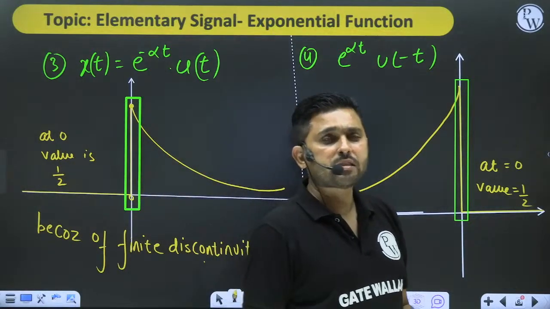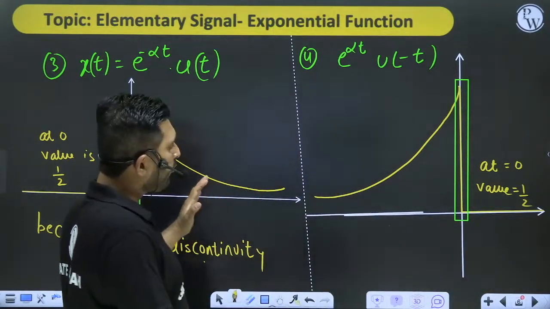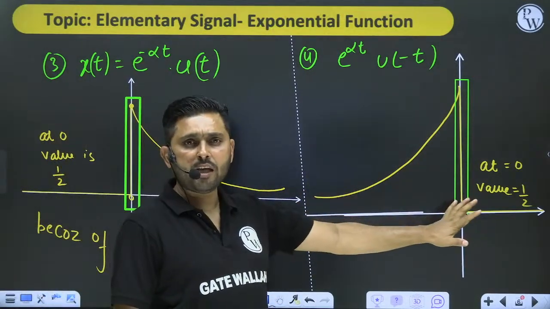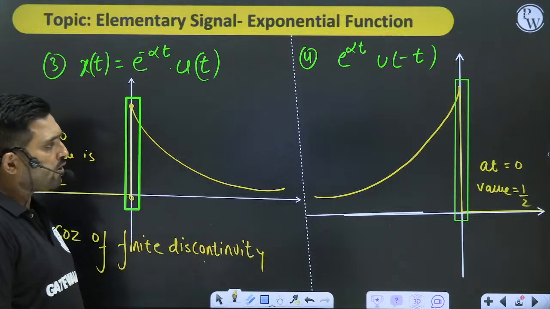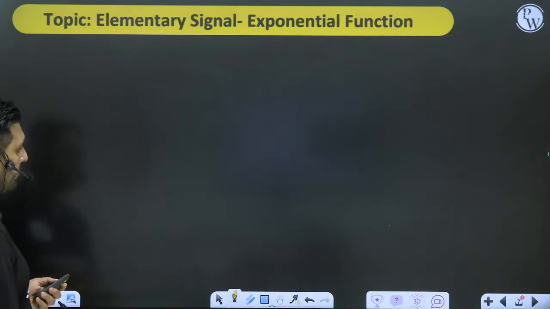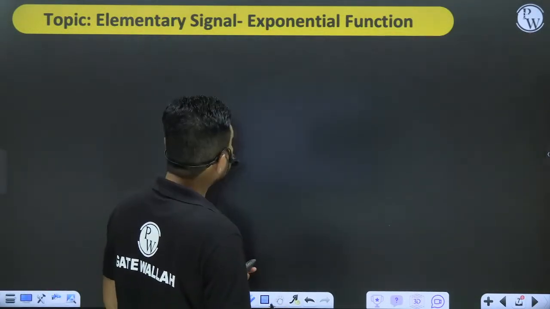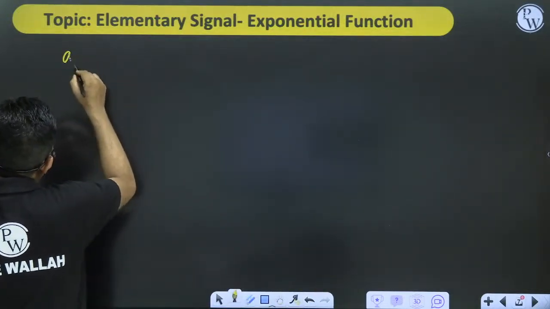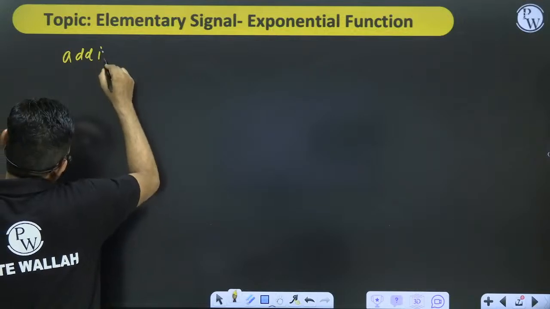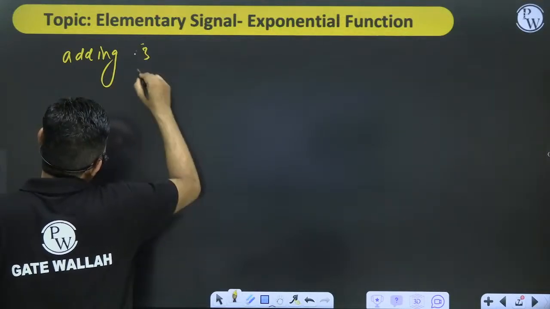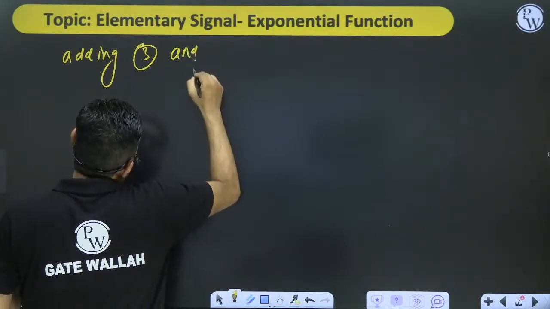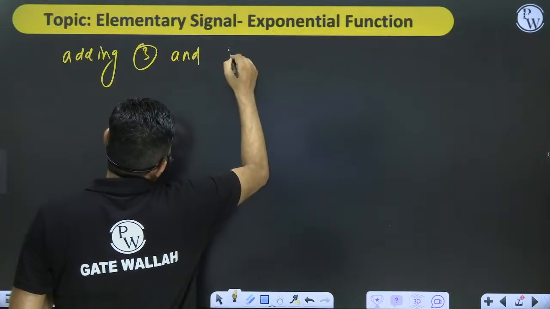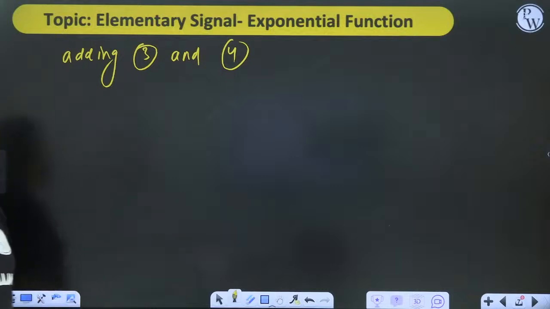Now my question is that, suppose if someone asks you what will happen if you add both this function. If you add both this function, listen carefully, then what you will get? So what I'm doing is that, let's take this here, I'm adding 3 and 4.